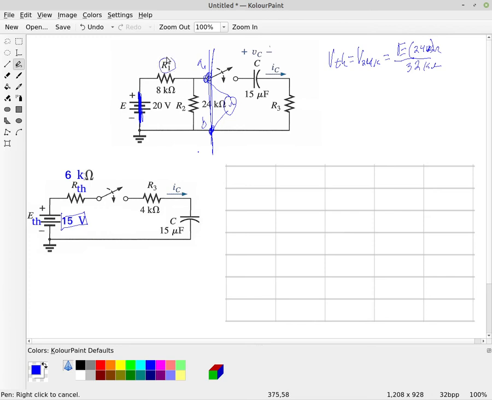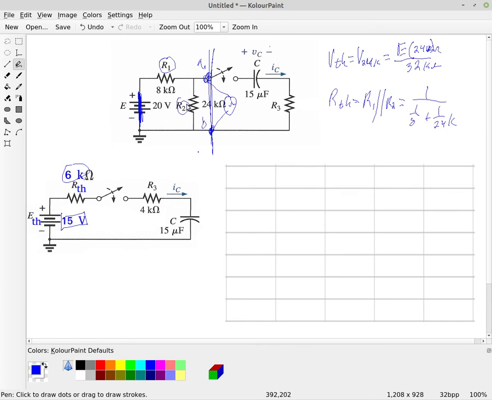In this case we would have R1 and R2 in parallel. So R Thevenin is equal to R1 in parallel with R2, which is 1 over 8K plus 1 over 24K, and that gives us 6 kilo ohms.